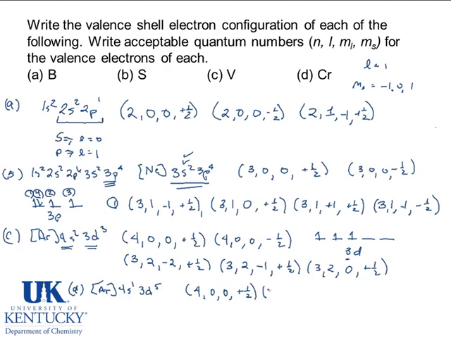So now we're going to the 3D subshell. That's a 3 and a 2, and then I have the choice of a -2, spinning in the positive direction, a -1, spinning in the positive direction, a 0, spinning in the positive direction. What's next?